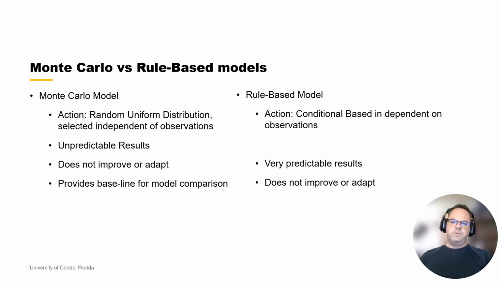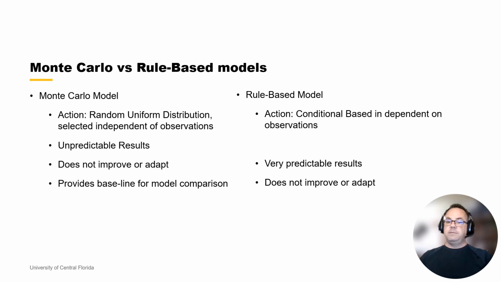Next, we'll look at rule-based models. Unlike the Monte Carlo model, the rule-based model selects actions based on specific conditions that depend on the observations received from the environment. For instance, if the lunar lander is tilting to one side, the rule-based model might fire a thruster to correct the tilt. This conditional approach results in very predictable outcomes. Given the same set of conditions, the model will always take the same actions, leading to consistent performance across all trials.